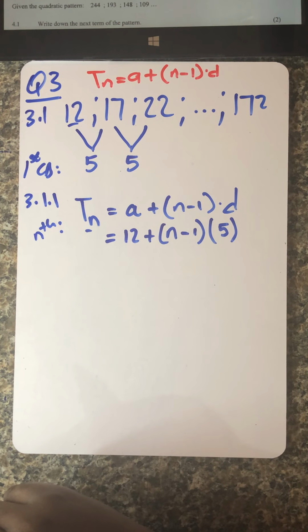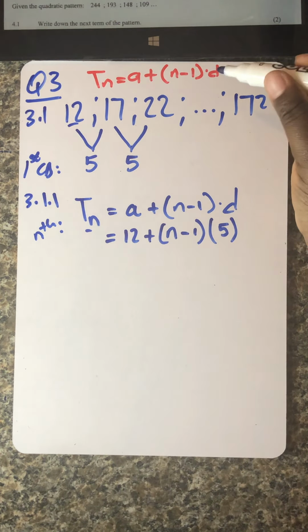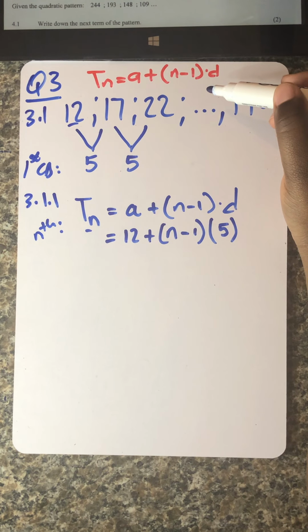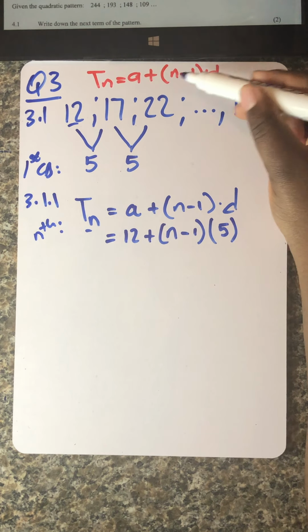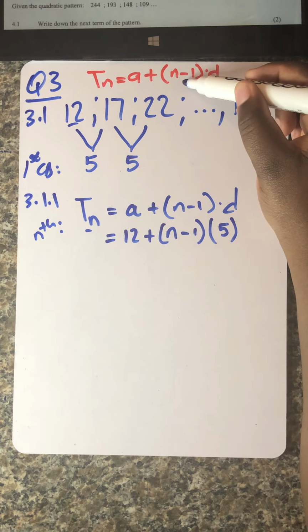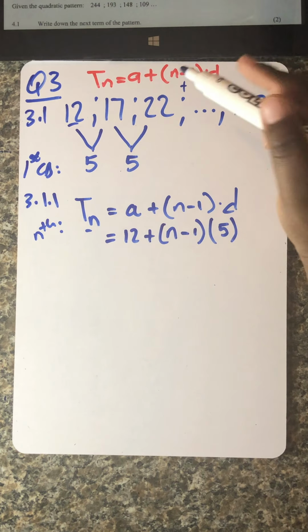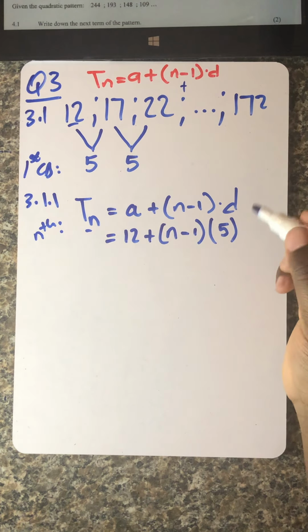Okay, so let's see. I know we've got, what is it? This is n minus 1. I'm just thinking if it's n plus 1 or n minus 1, but I hope it's n minus 1. Let's just continue for now.